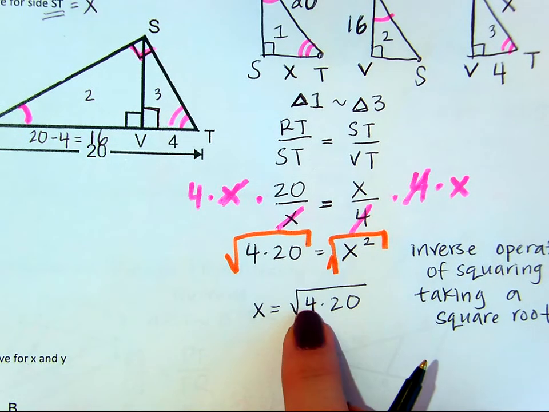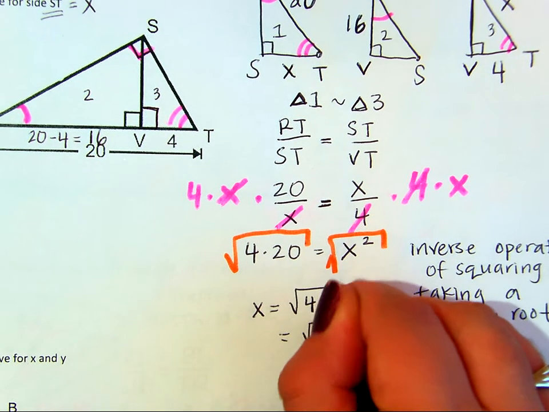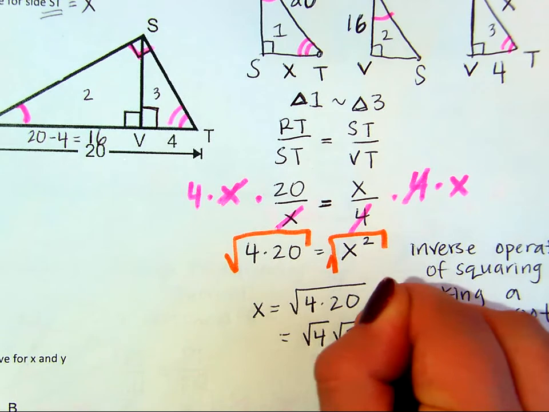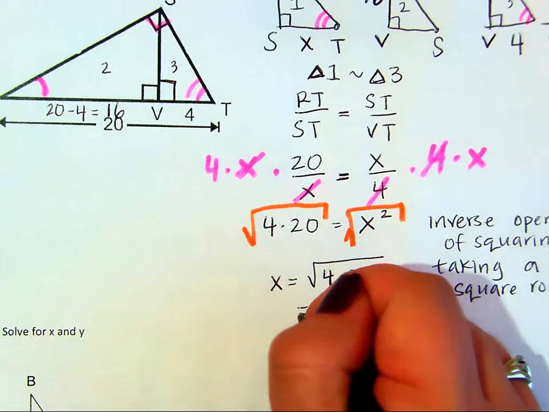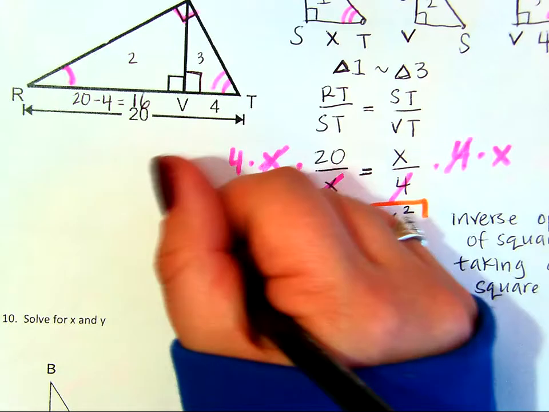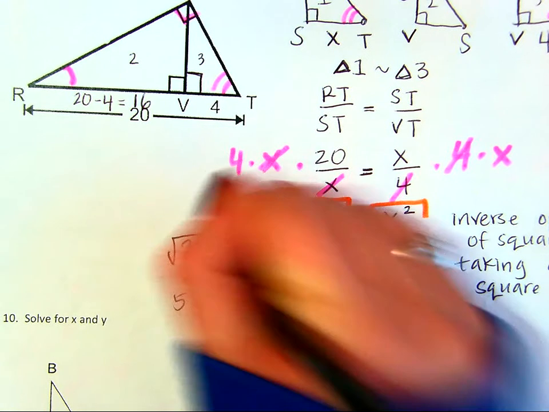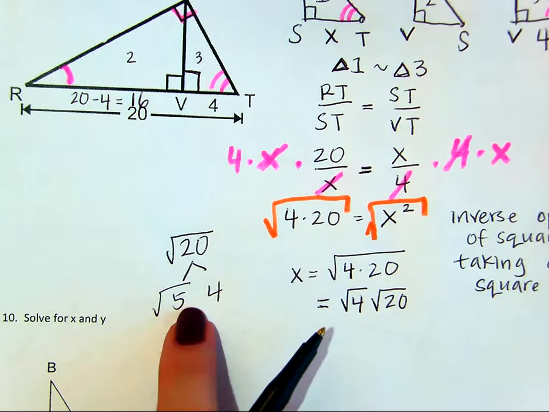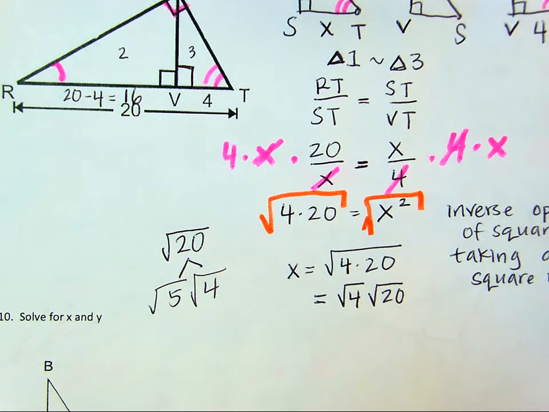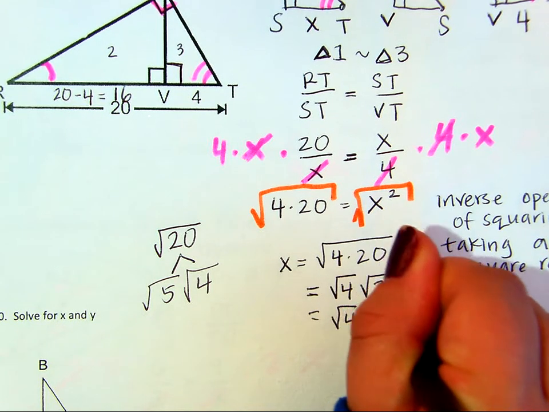And I can split this up into 2 sections. Square root of 4 times the square root of 20. Well, I know the square root of 4 is 2, but what's the square root of 20? So I have square root of 20 is 5 times 4. 5 doesn't have a square root, but 4 does. So this is the square root of 4 times the square root of 4 times the square root of 5.